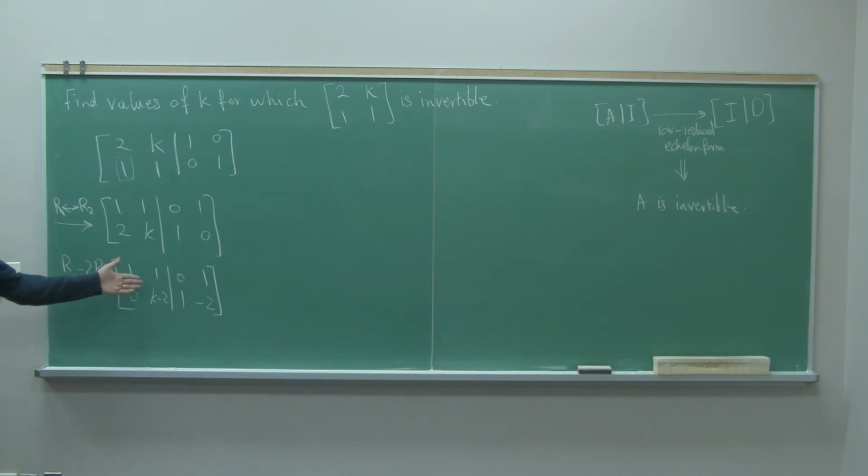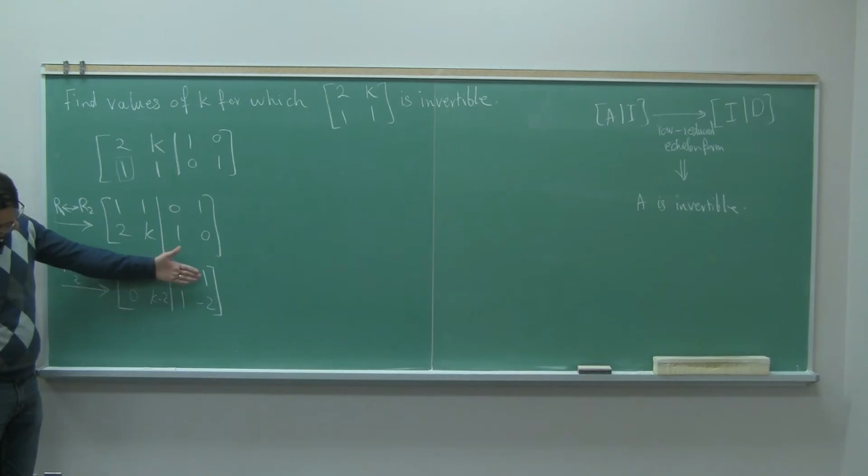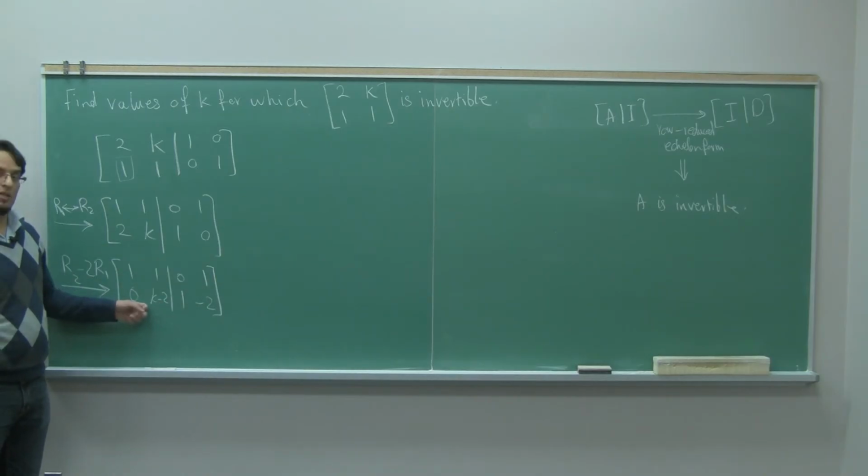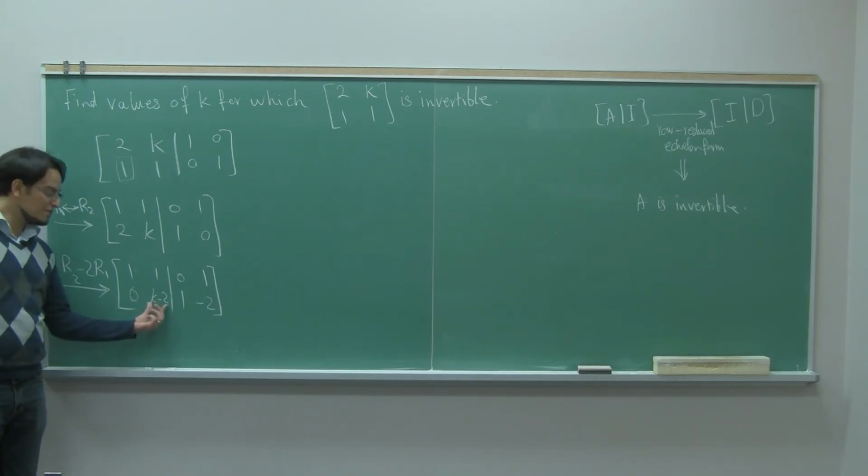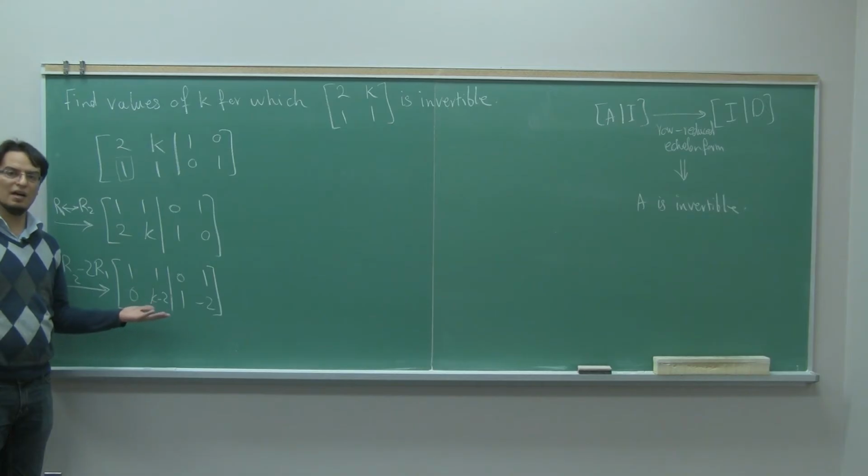I can go find the next leading one. The next entry there is k minus 2. When can I make that my next leading one? To be able to do that, I have to have a non-zero entry here. If I have a 0 entry here, I'm done. I cannot make identity.